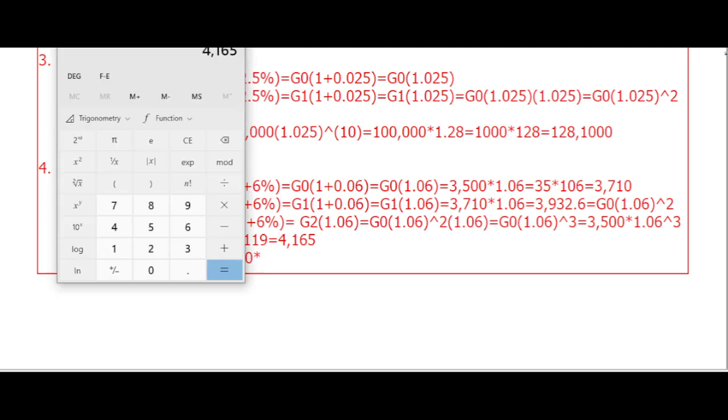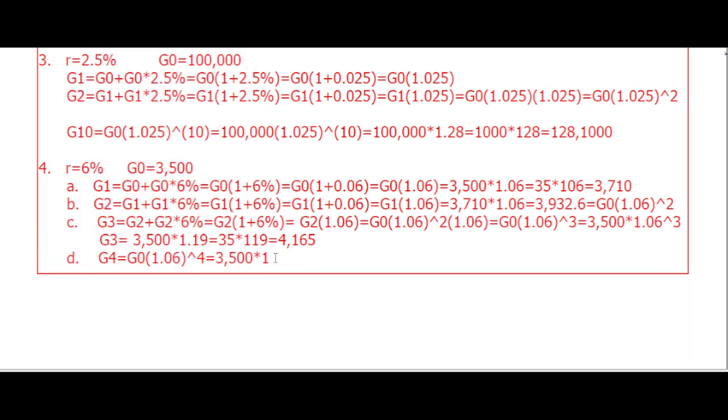Let's calculate using the calculator: 1.06 to the power 4 is 1.26 in decimal places.